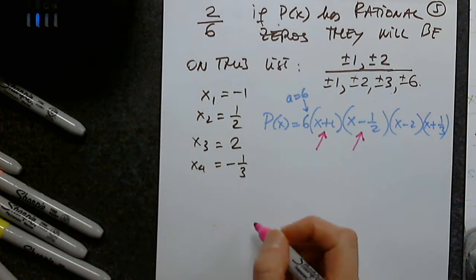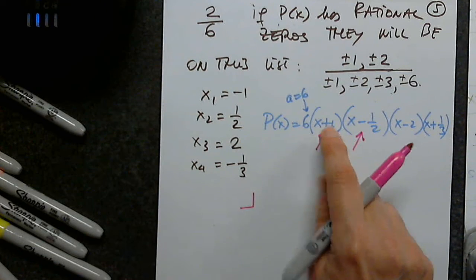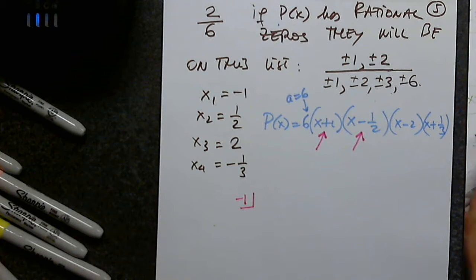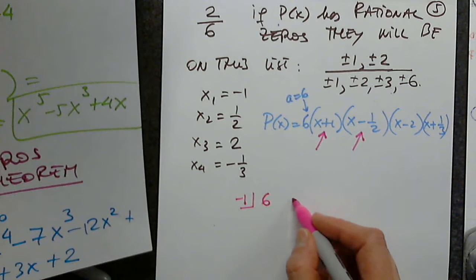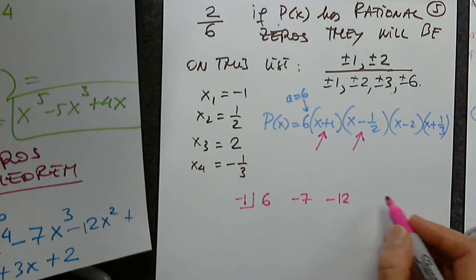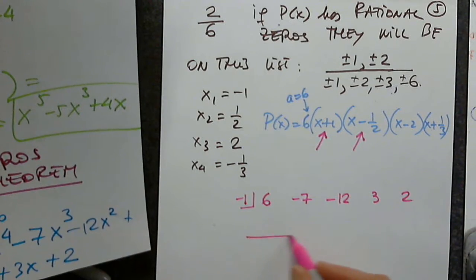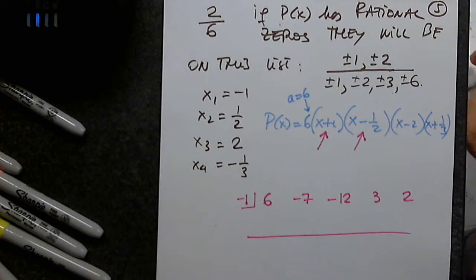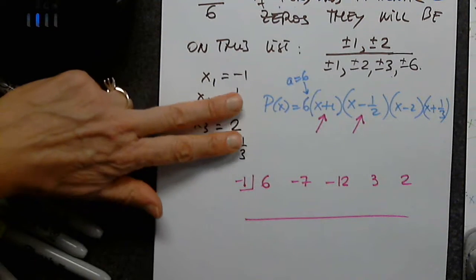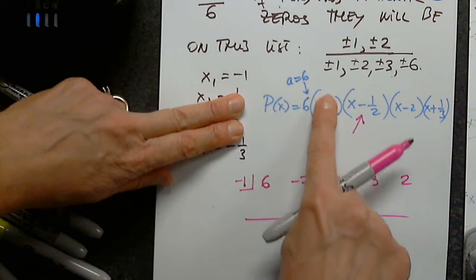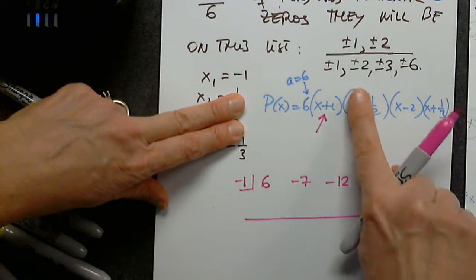Here's how I would do it. In the box, I will put -1. Then I will copy my polynomial coefficients, 6, -7, -12, 3, and 2. And I will determine the polynomial removing this factor.